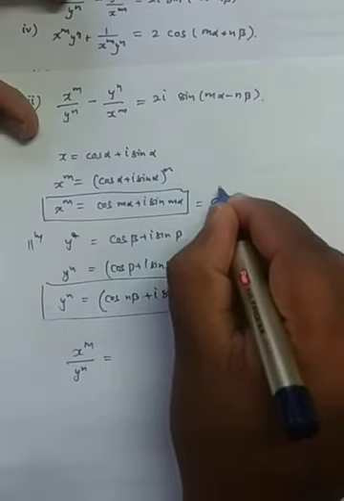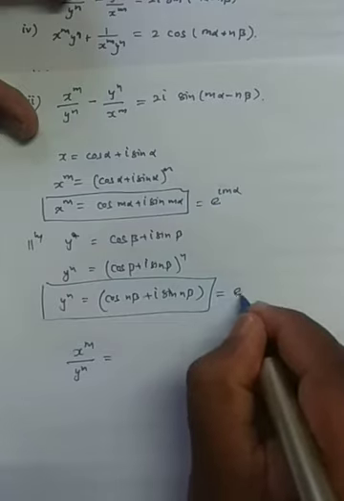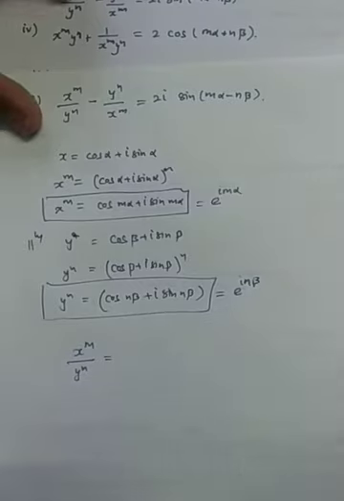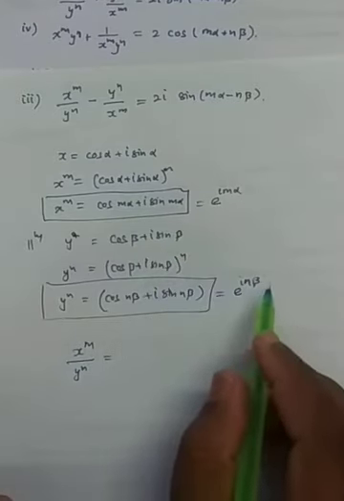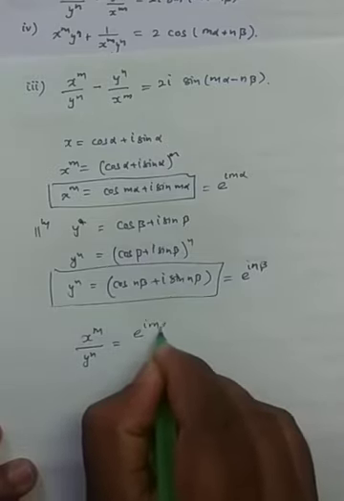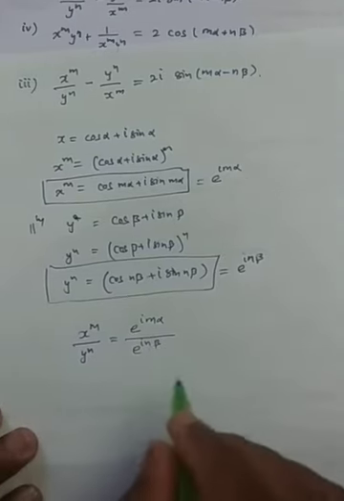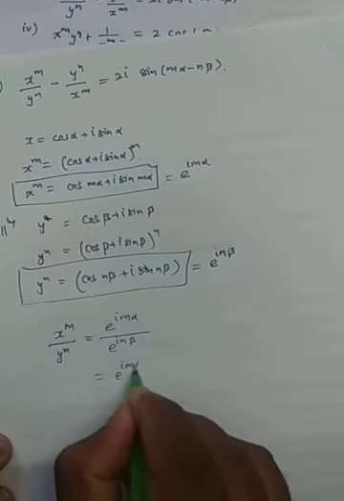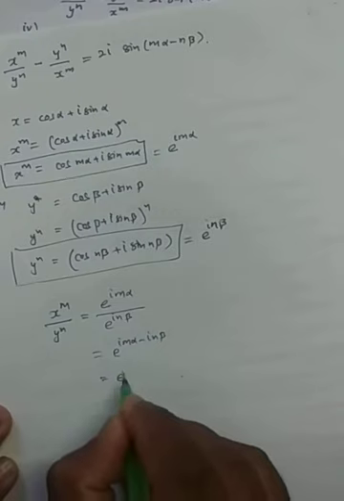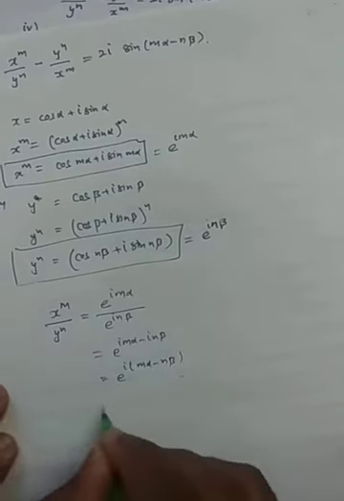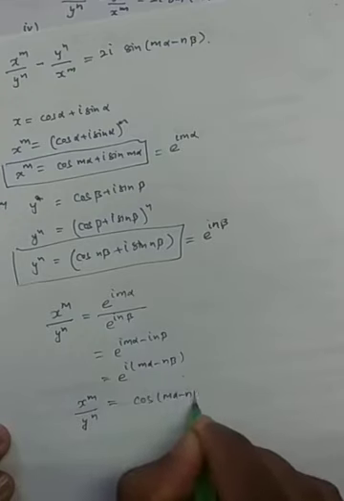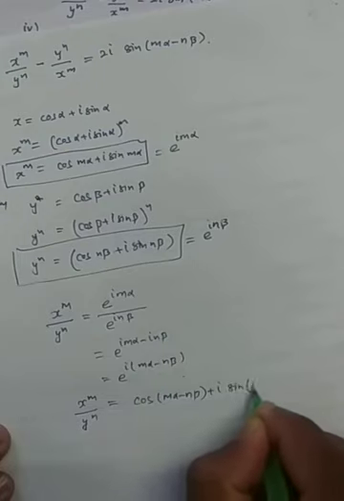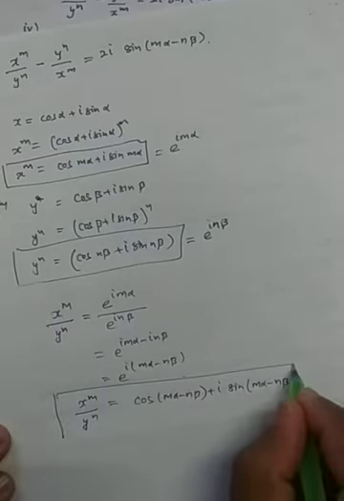You can write this as e^(imα) for short, and this as e^(inβ). So e^(imα) divided by e^(inβ) we can write as e^(imα − inβ). Here i is common, so e^(i(mα − nβ)). So the value of x^m divided by y^n is cos(mα − nβ) + i sin(mα − nβ). This is the value.